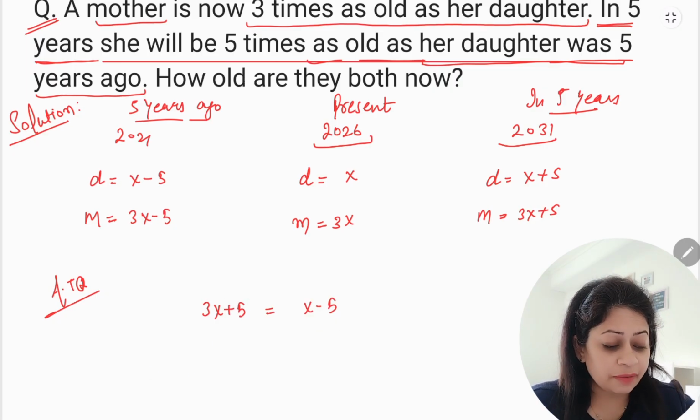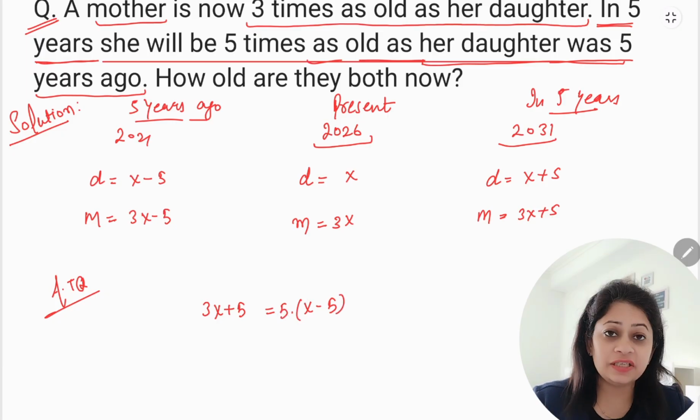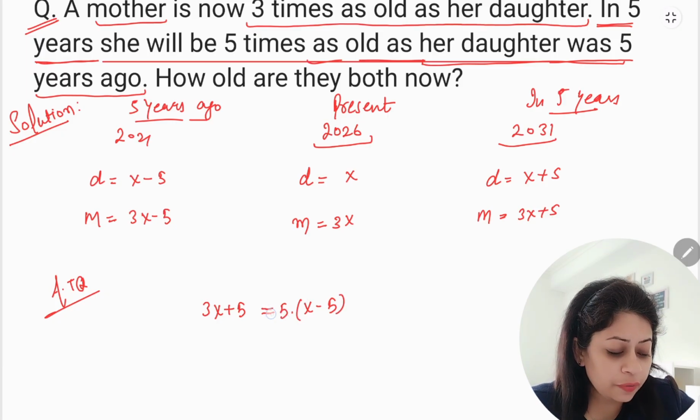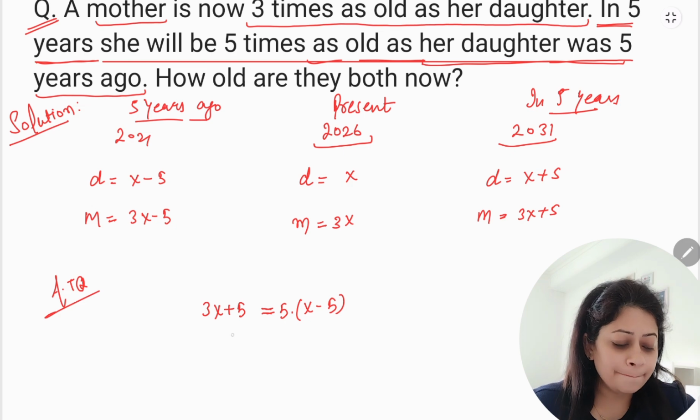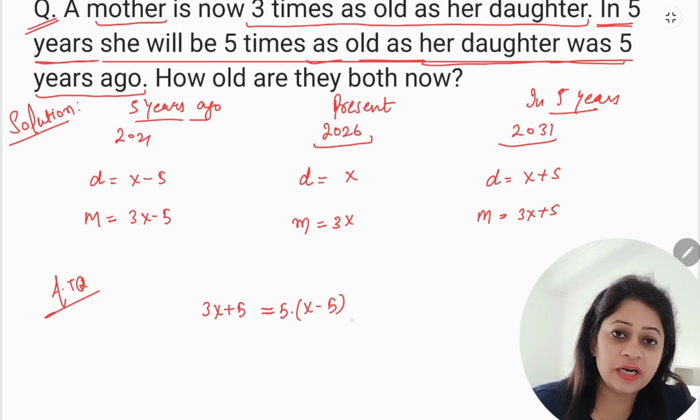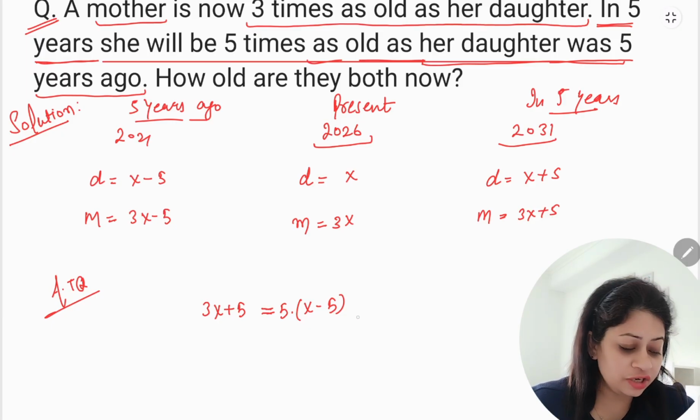Mother is 5 times. If mother is 5 times, I will have to multiply 5 in daughter's age, because we are writing an equation, and in an equation both quantities, left hand side and right hand side, are equal, right? So if mother is 5 times, we will have to multiply 5 in daughter's age, right?